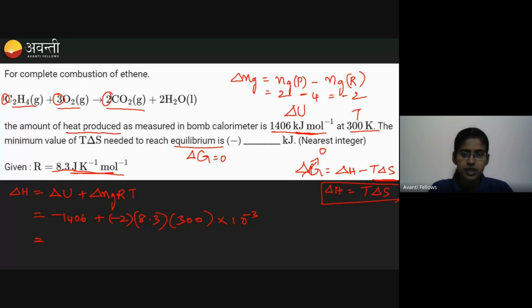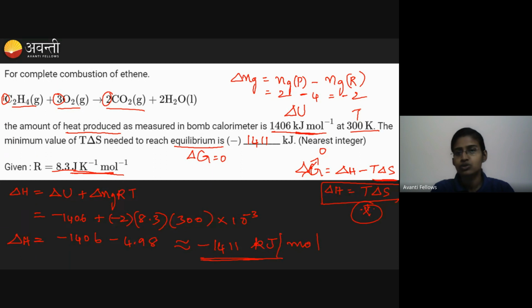So minus 1406 minus 4.98 will be approximately equal to minus 1411 kilojoule per mole. So this is the value for delta H. Since delta H is equal to T delta S, the answer is minus 1411 kilojoule per mole for T delta S.